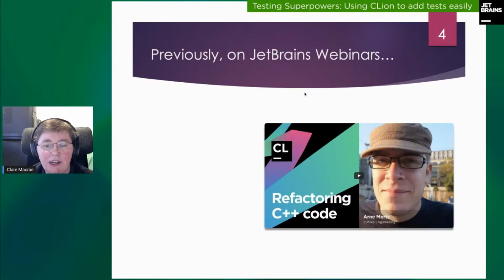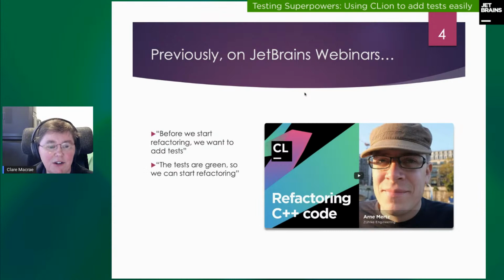Now, what prompted this topic from me is I really enjoyed a webinar from a few years ago given by Arne Mertz, in which he showed some really powerful refactoring steps inside CLion. And he began with the absolutely correct point: before we start refactoring, we want to have tests, and the tests are green, so we can start refactoring.